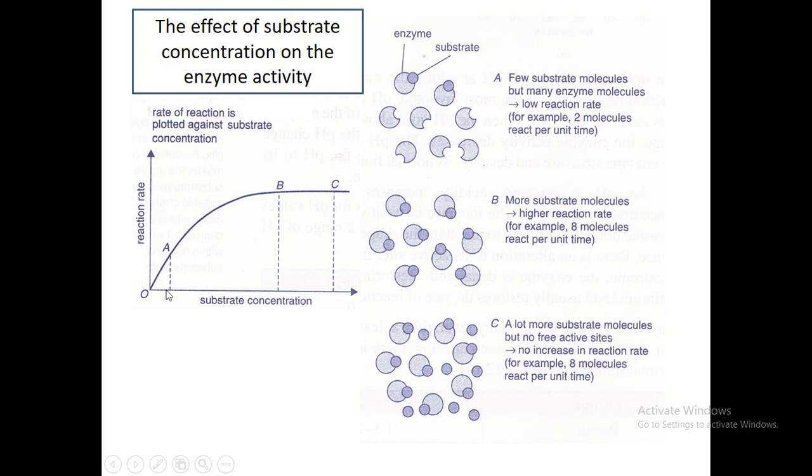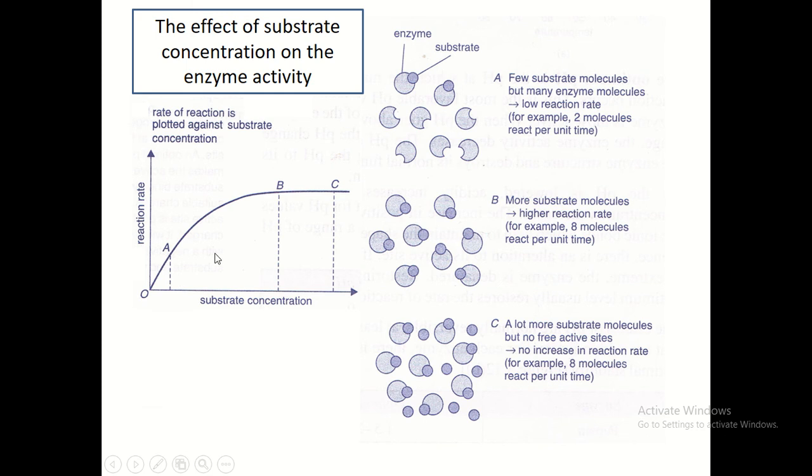So look at the first phase here, phase A. We have 1, 2, 3, 4, 5, 6, 7, 8. We have 8 enzymes, therefore 8 free active sites that can bind with the substrate. So at the early stage of the reaction, there will be a low number of substrates that will bind with the active sites of the enzyme, thus causing a low reaction rate.